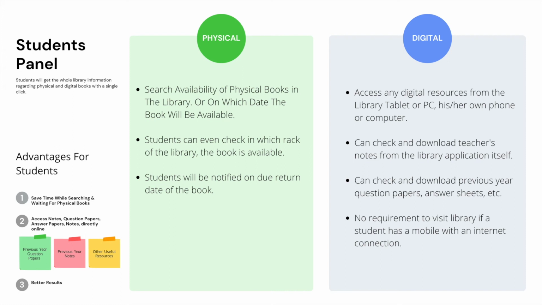In this section, students can access any digital resources from the library, tablet or PC, or their phone or computer, which means the student can access all the digital resources available in the library with their mobile phone or computer, or if any tablet or PC is available in the library, they can also access those resources from the PC. The students can even check and download teachers' notes from the library application itself.